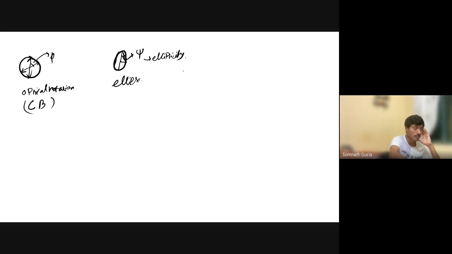So we can mathematically derive an equation here by using tan psi, which equals the minor axis divided by the major axis.